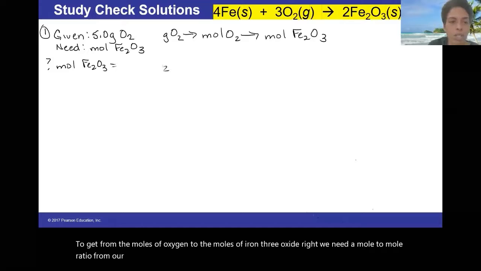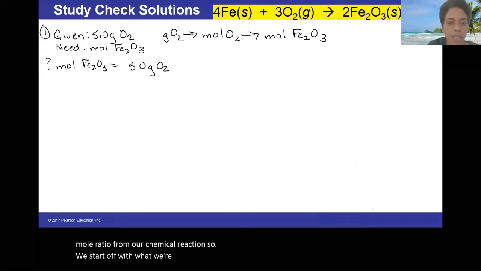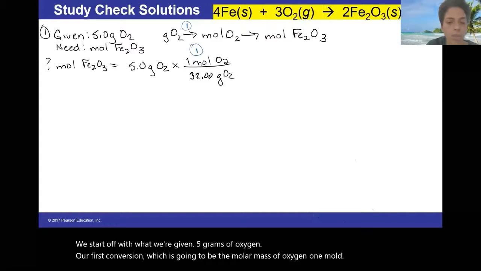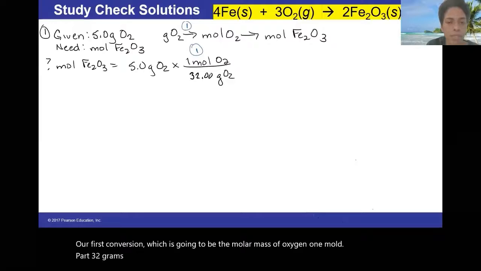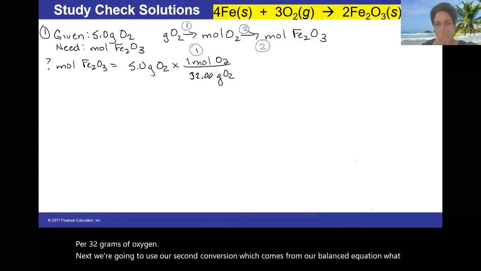So we start off with what we're given, 5 grams of oxygen, times our first conversion, which is going to be the molar mass of oxygen, 1 mole per 32 grams of oxygen. Next, we're going to use our second conversion, which comes from our balanced equation. What is the molar ratio of our balanced equation?